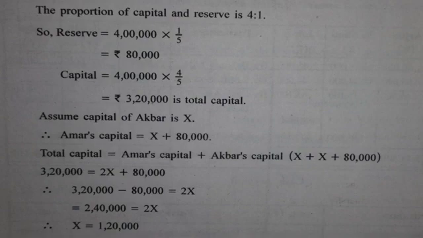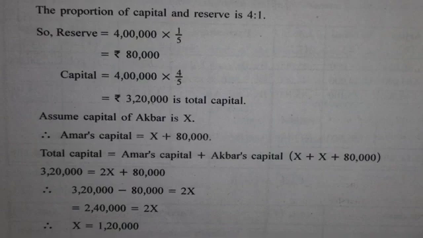And what actually is the amount of capital? 3,20,000. So 3,20,000 equals 2X plus 80,000. If you apply the basic math rules, you will obtain the amount of X as 1,20,000. And what is X? It is the capital of Akbar. So the capital of Akbar is 1,20,000.